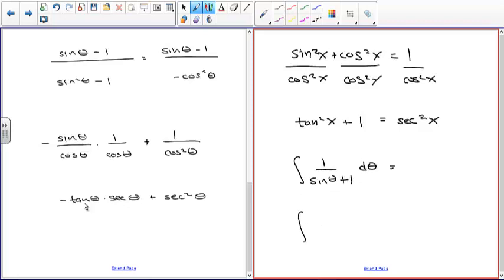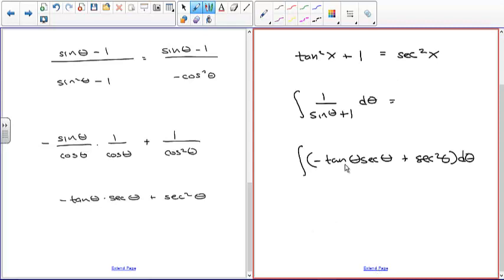Well, you can see from my work here that I can replace the argument with negative tangent theta secant theta plus secant squared theta d theta. And the integral of secant tangent is secant. That's in the book. So that would become negative secant theta. And the integral of secant squared theta is tangent theta.